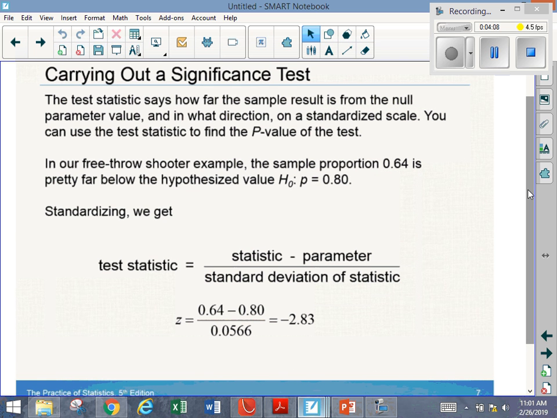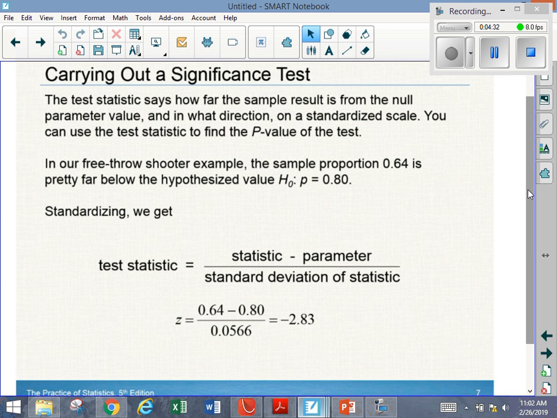Just what I was saying, our test statistic is going to say how far away whatever statistic we got is from our null hypothesis, which is a parameter value. Based on that, we can find a probability.